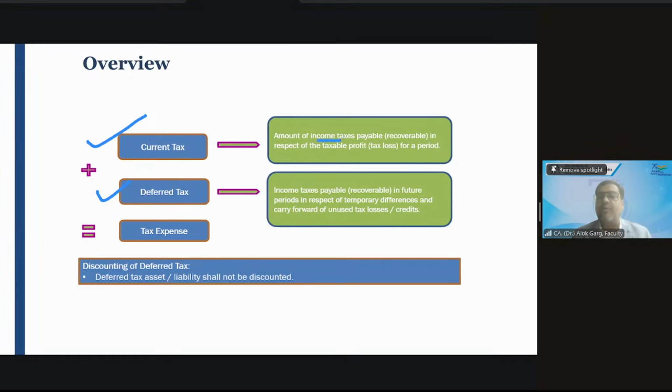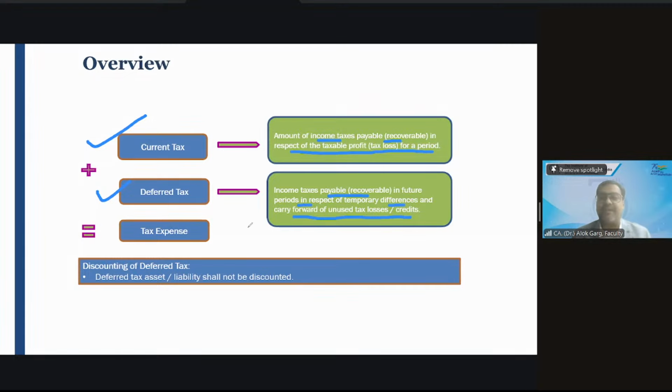Current tax is the amount of income tax payable or recoverable in respect of the taxable profit or tax loss for a period.